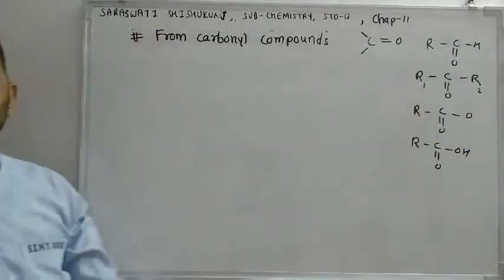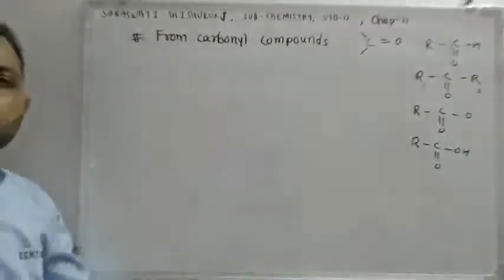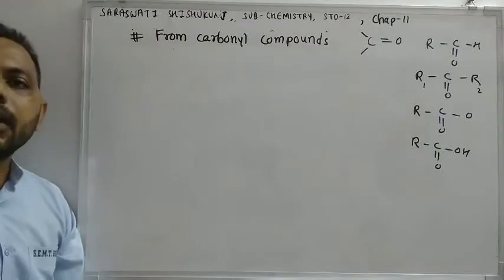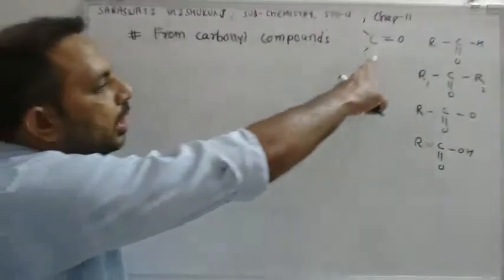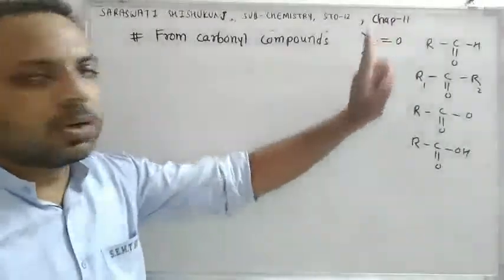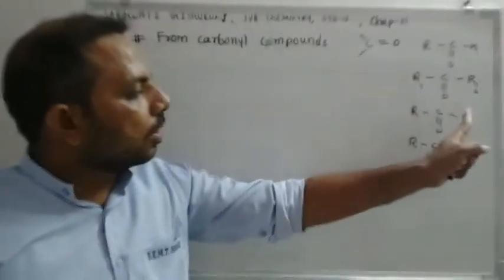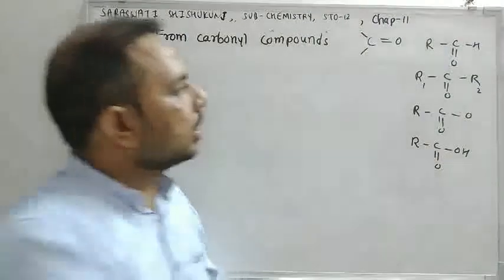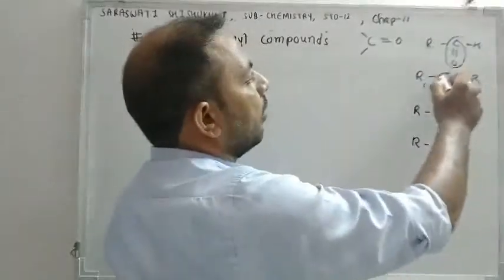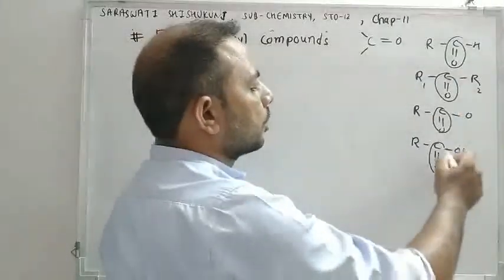So these are the functional groups which have a carbonyl group. The carbonyl group is nothing but C double bond O. So you can see that aldehyde, ketone, ester and carboxylic acid all have carbonyl groups.